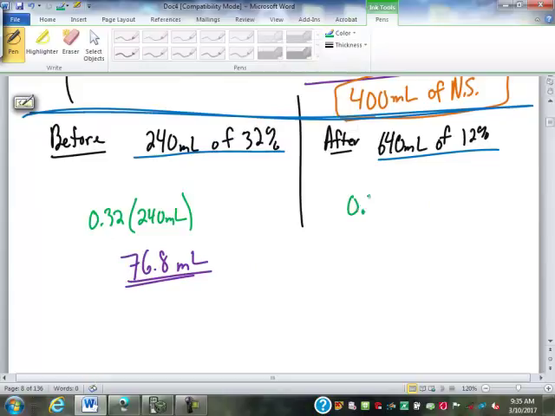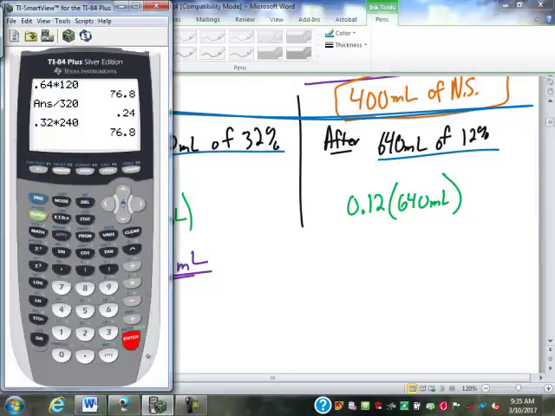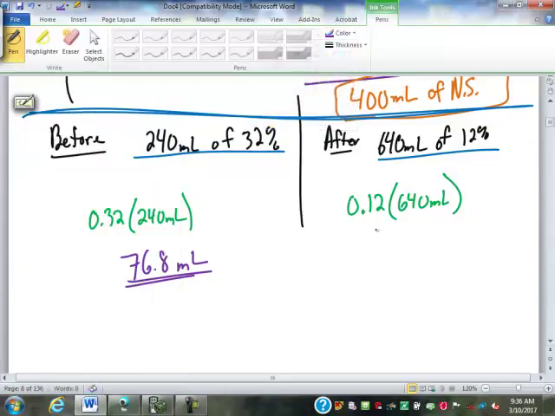After, we have 0.12 times 640 milliliters. That better be the same, but let's double check it. 0.12 times 640 should also be 76.8, and it is. So 76.8 milliliters of active ingredient.